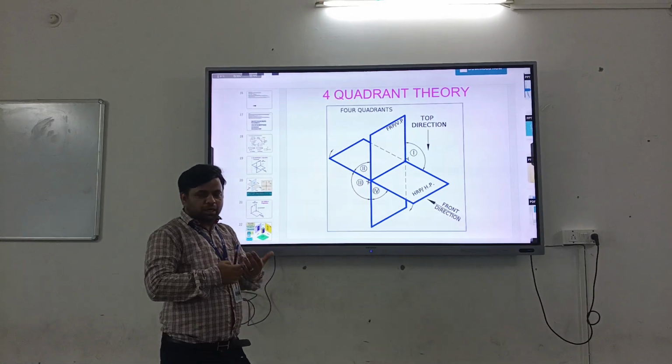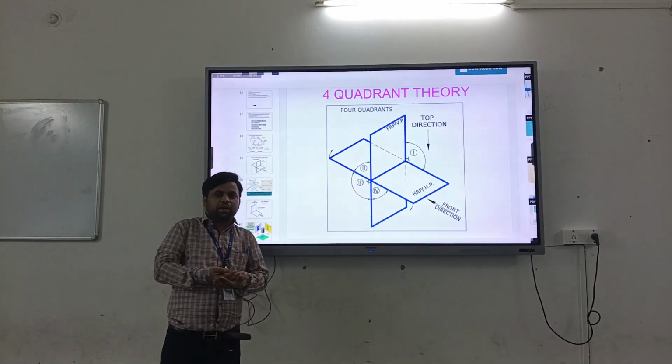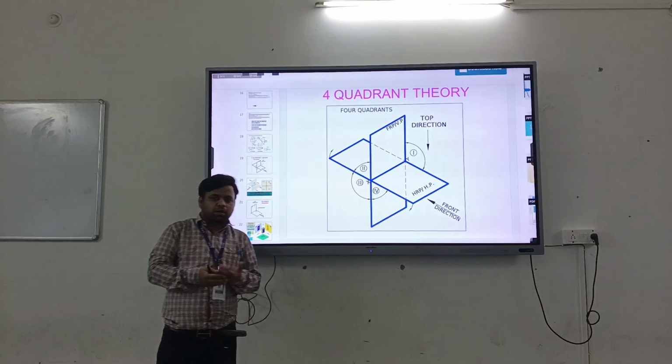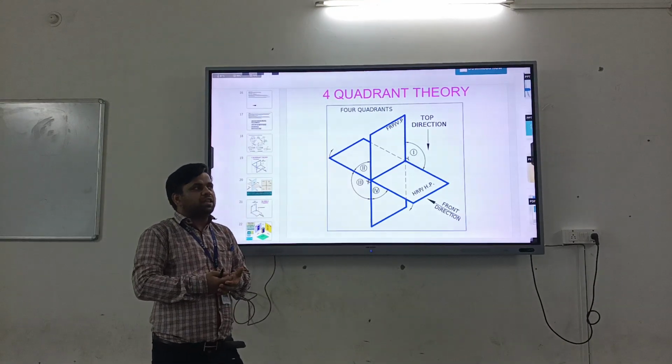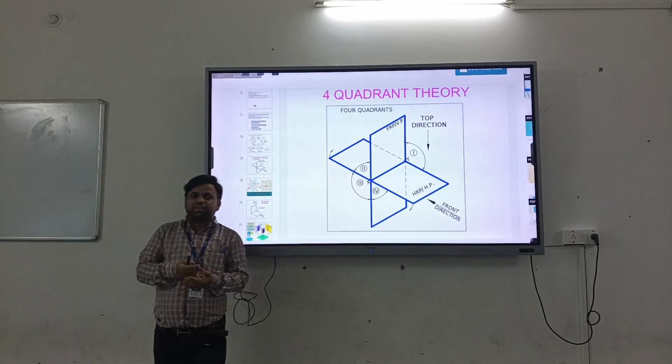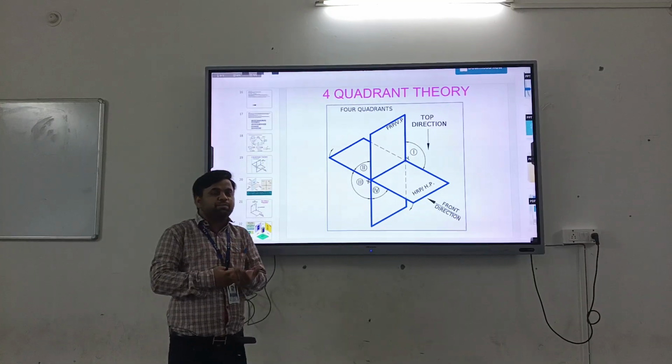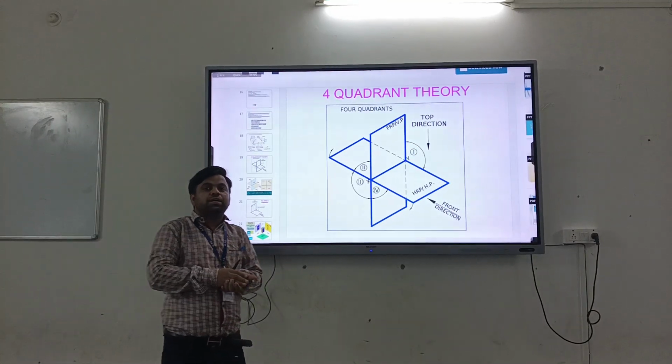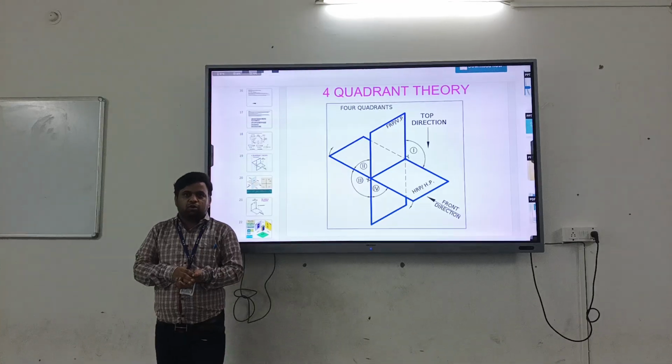Or nowadays computers have been implemented, so computer aided drawing CAD software are there to save time and give an accurate image as compared to manual engineering drawing on paper.